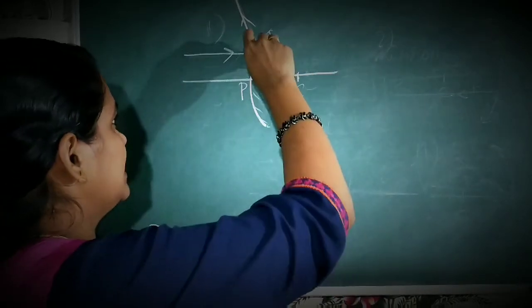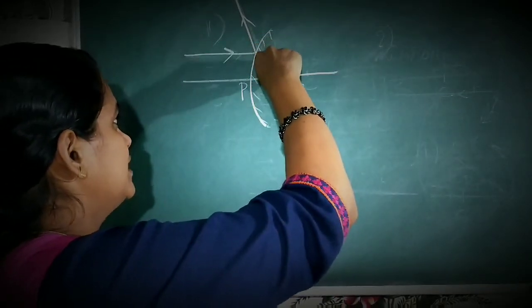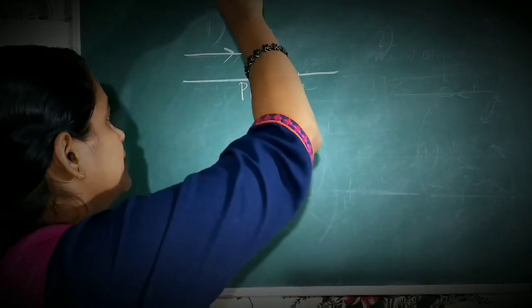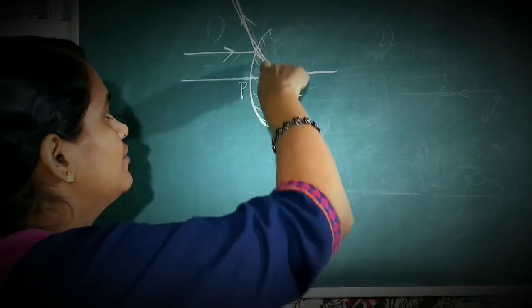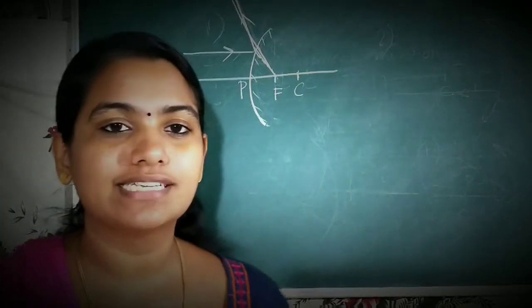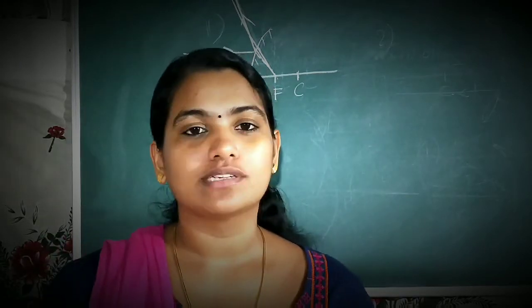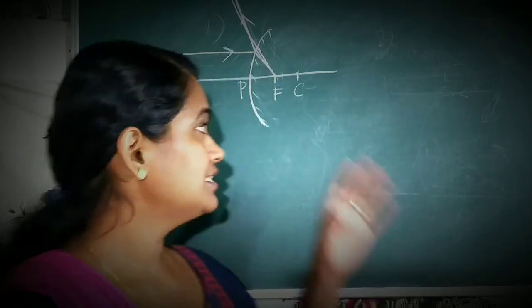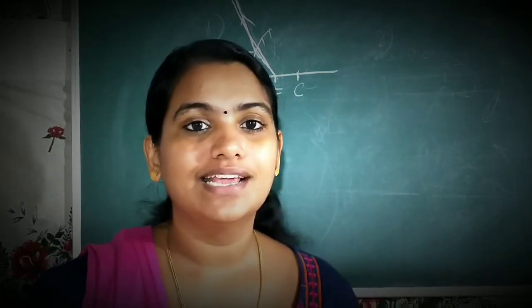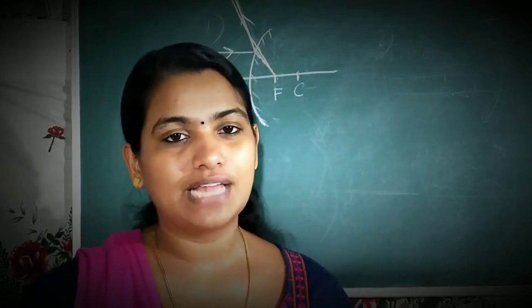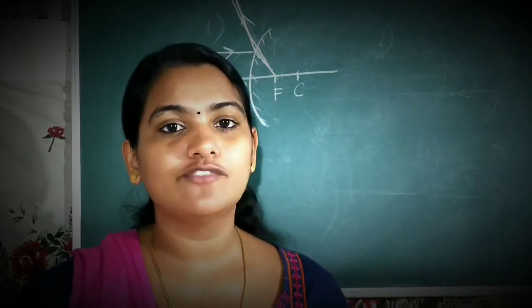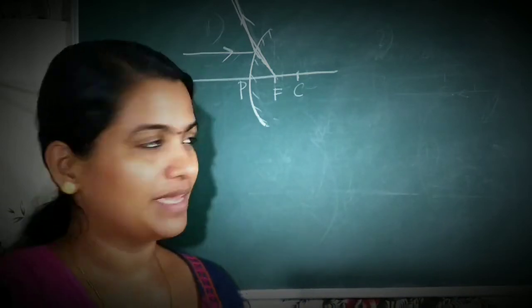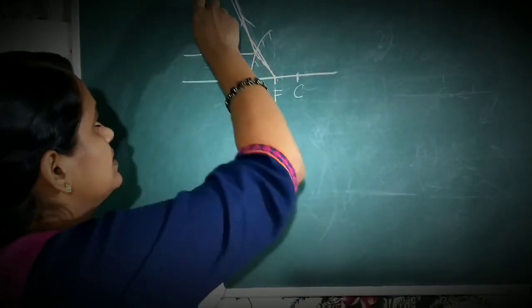But you can see that if we extrapolate this light ray, it is passing through the principal focus. So in case of a convex mirror, we get a virtual image. That is, the image is formed at the back side of the mirror. So that is the difference between a concave mirror and a convex mirror. Okay, this is the first case.